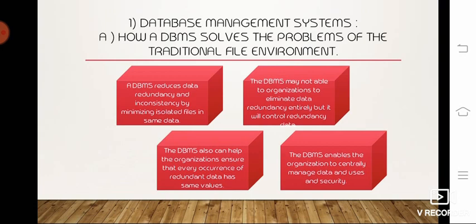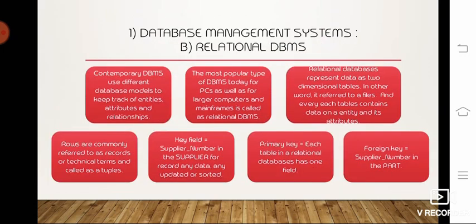The DBMS may not enable organizations to eliminate data redundancy entirely, but it can control redundancy. The DBMS also helps organizations ensure that every occurrence of redundant data has the same values. It enables the organization to centrally manage data and their use and security.